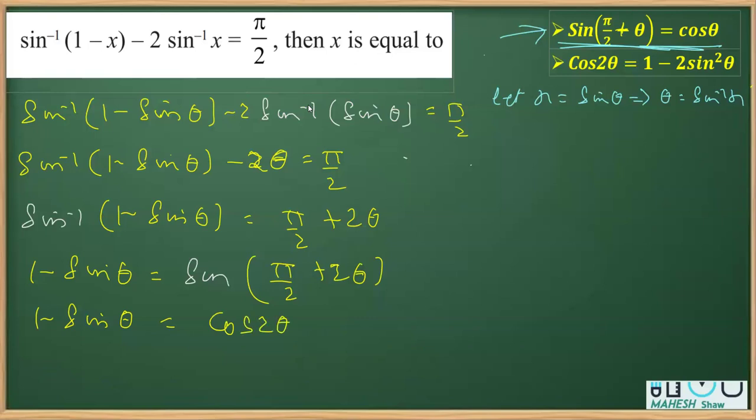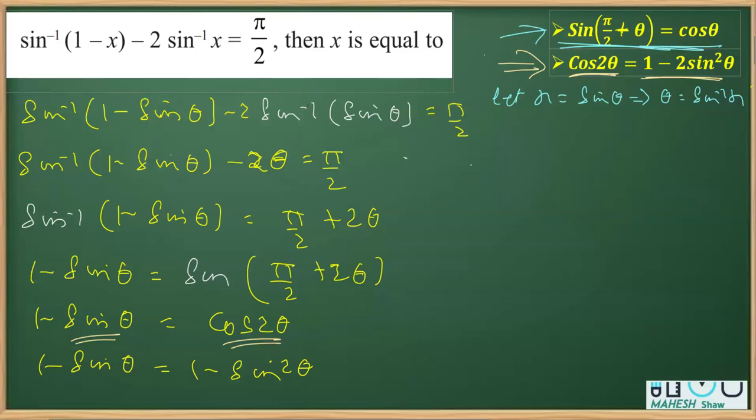Now you can check here that on your LHS you have sine, and on the RHS we have cos. So we can further apply this identity, that is cos 2 theta can be written in terms of sine as 1 minus 2 sine square theta. So I'll write this as 1 minus sine theta is equal to 1 minus 2 sine square theta.